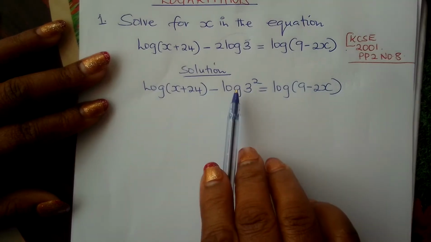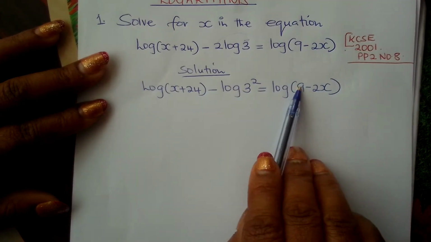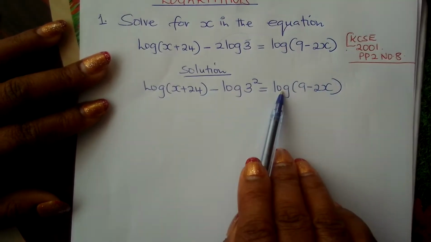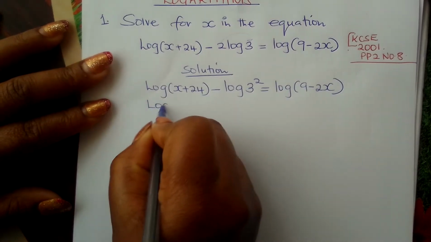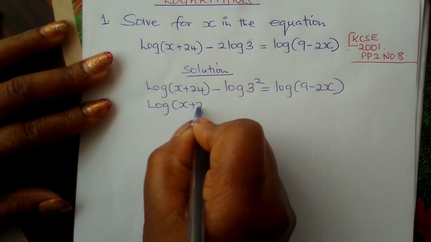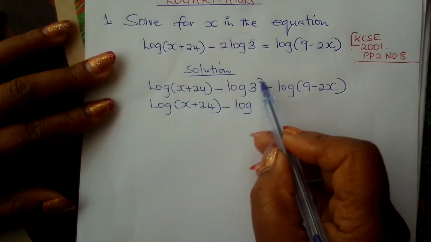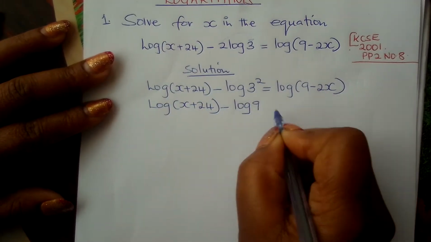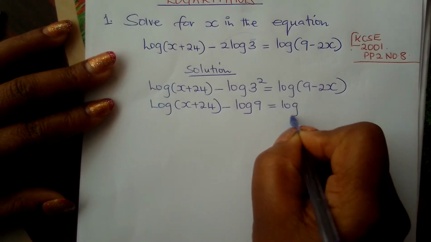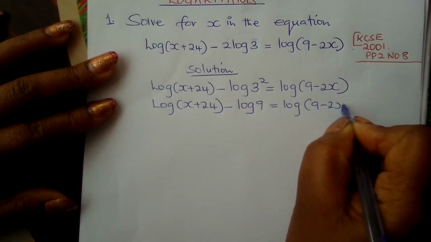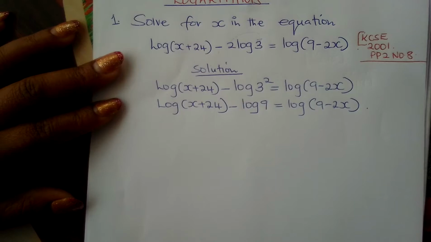Now these three terms start with log. Then you say log (x + 24) minus log what? 3 squared is 9, equal to log (9 minus 2x).